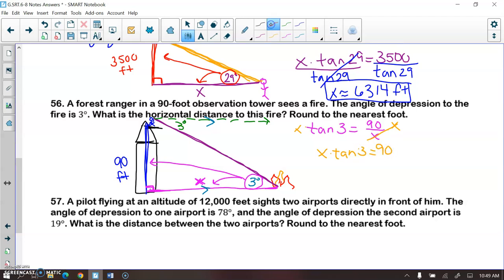And so now getting x by itself, I'm going to divide by the tangent of 3 on both sides. And it does say to round to the nearest foot. So doing 90 divided by the tangent of 3, I wind up with about 1,717 feet.